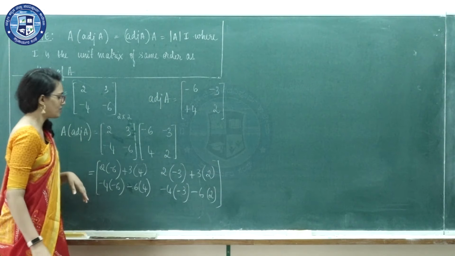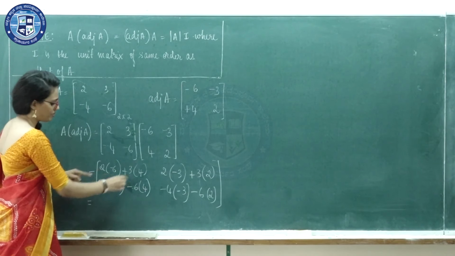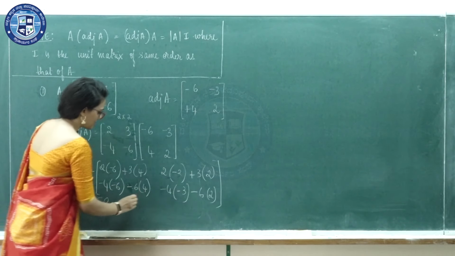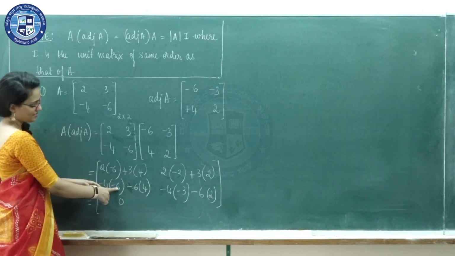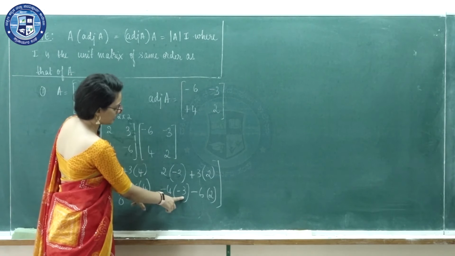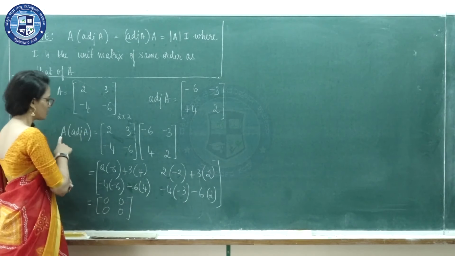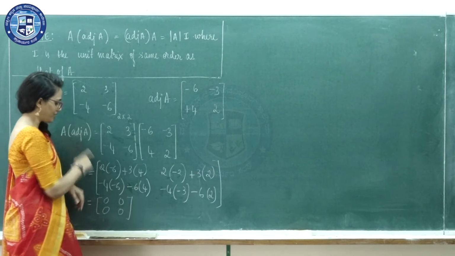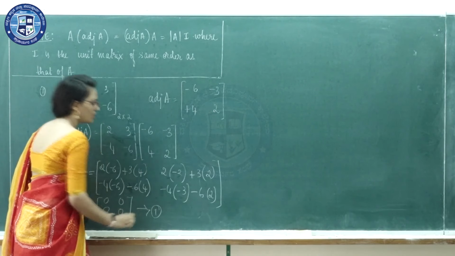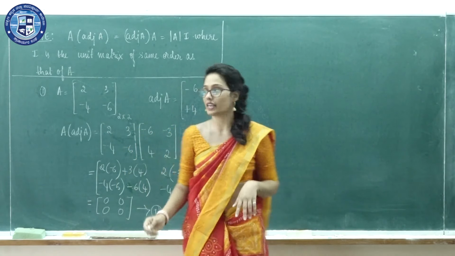Now let us calculate the values. Here you get minus 12 plus 12, that is equal to 0, minus 6 plus 6, 0, this is 24 minus 24, 0, here it is plus 12 minus 12, you get 0. Okay, so you got A into adjoint A to be a 0 matrix. I will take this as equation 1. Okay, now let us find adjoint A into A.